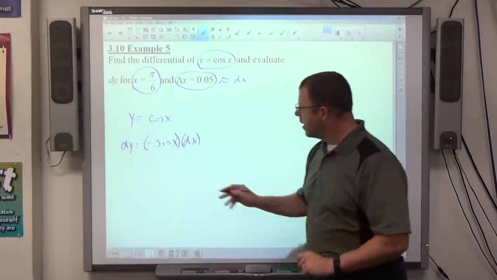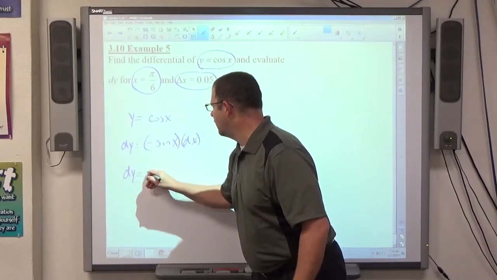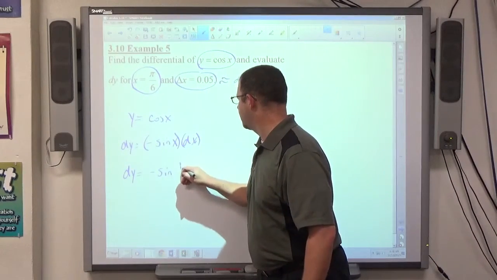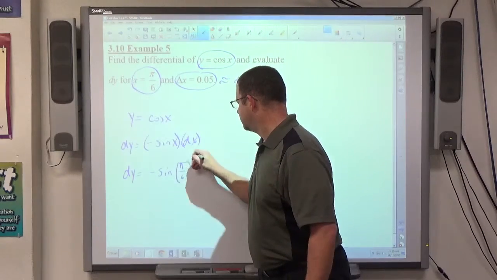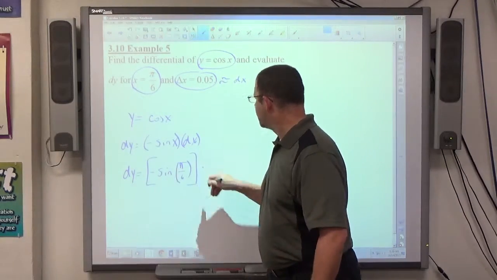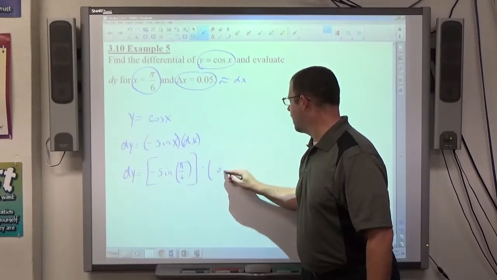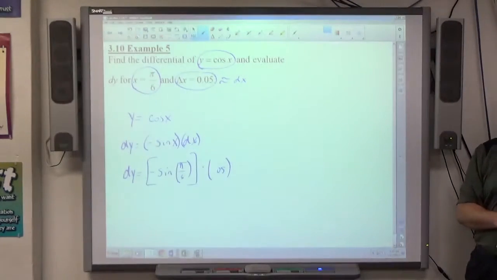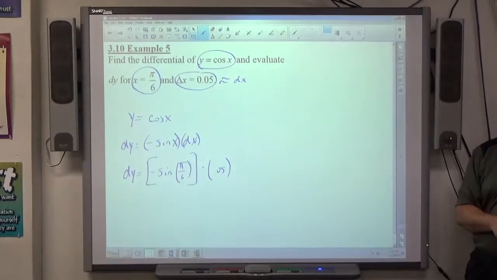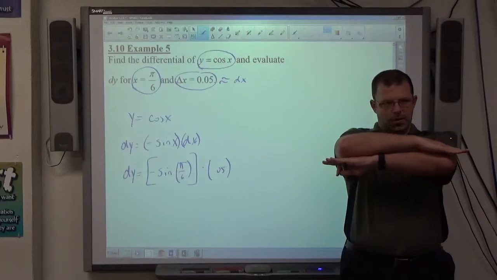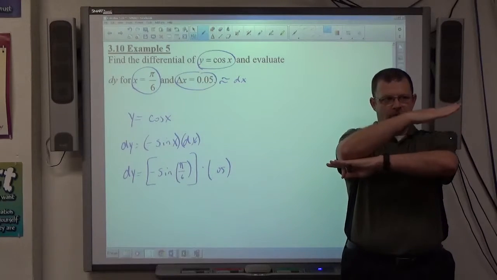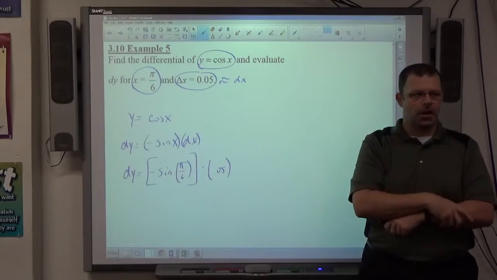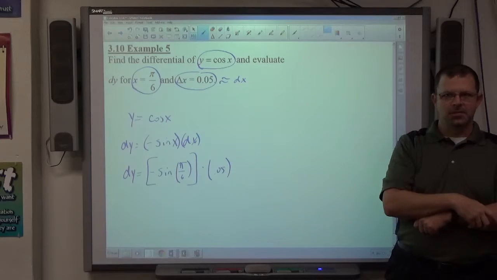So, dy is going to equal negative the sine of pi over 6 times dx, which is 0.05. But you know what the sine of pi over 6 is? If I'm here at 0 and I go up one step, which is where pi over 6 is, and sine is the y value, what's sine of pi over 6? 1/2.